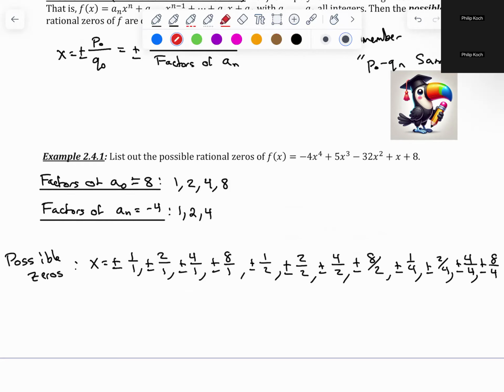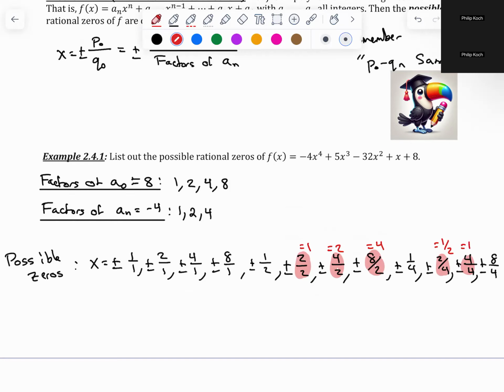I'm going to highlight the repeats. 2 over 2, that's just equal to 1, and we already have 1. 4 over 2 is equal to 2, and we already have that. 8 over 2 is equal to 4, and we already have that. 1/4 we don't have. 2/4 is equal to 1/2, and we already have that. 4/4 is 1, and we already have that.